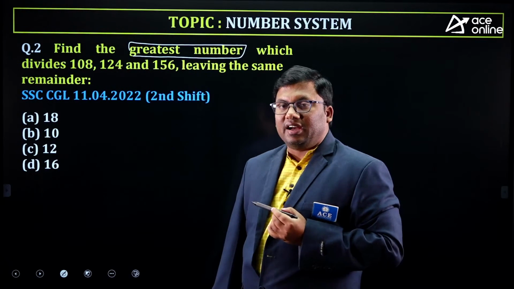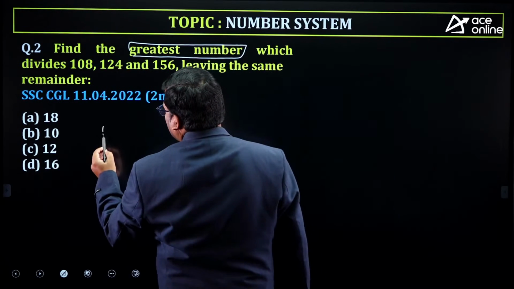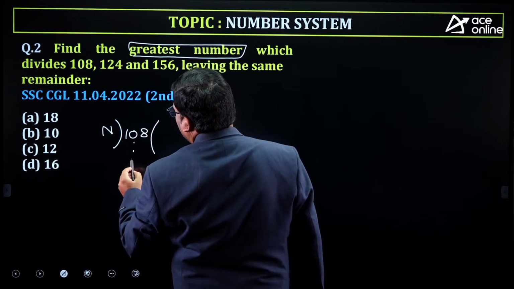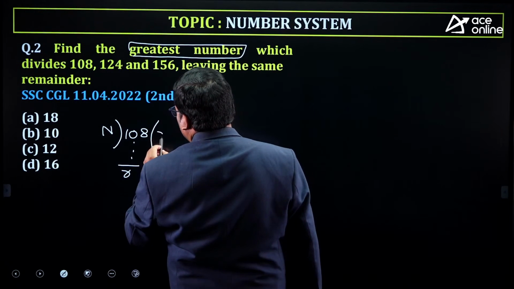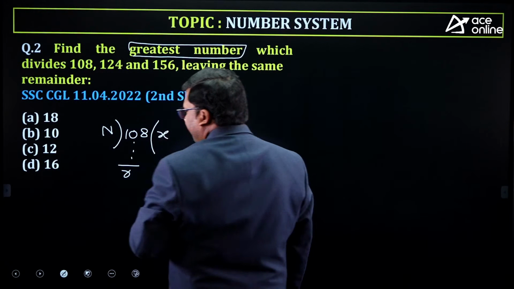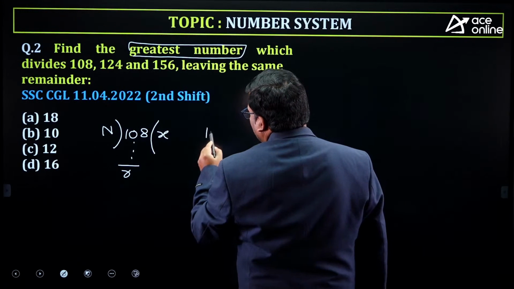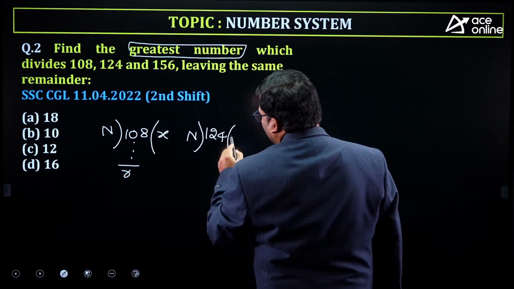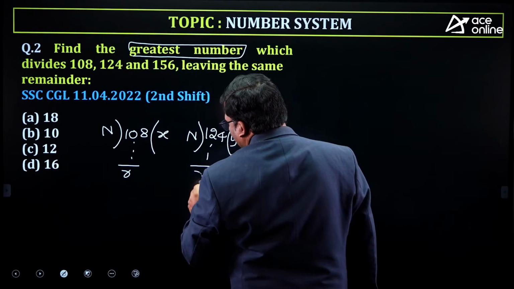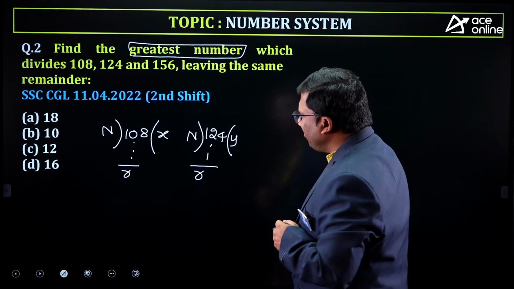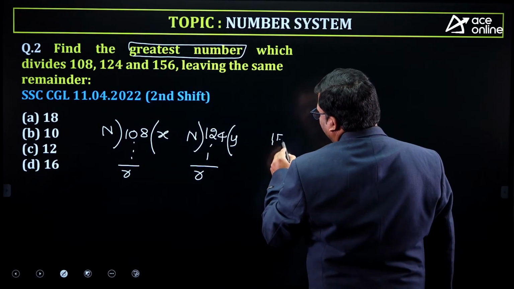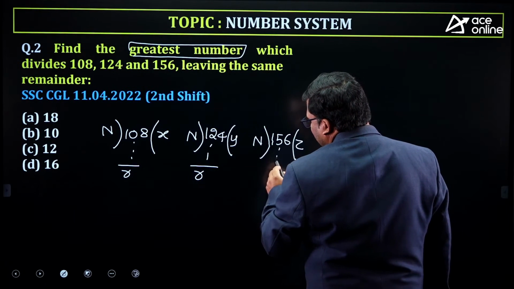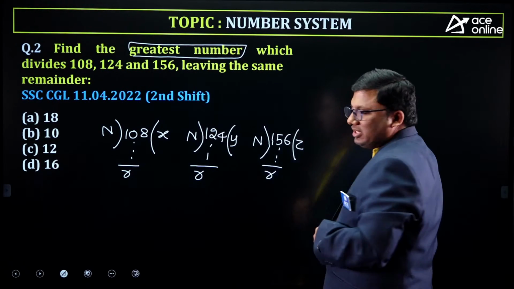There is a number which divides 108 and leaves a remainder, let the remainder be R. The same number, when dividing 124, gives the same remainder R. And 156, when divided by n, also leaves the same remainder R.